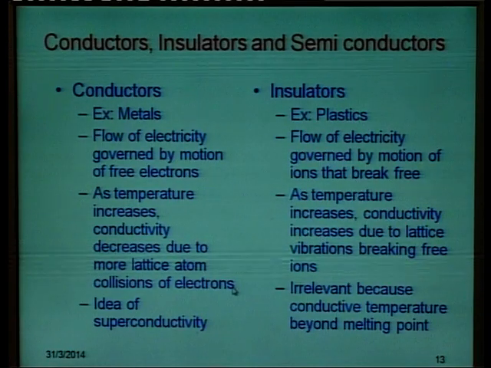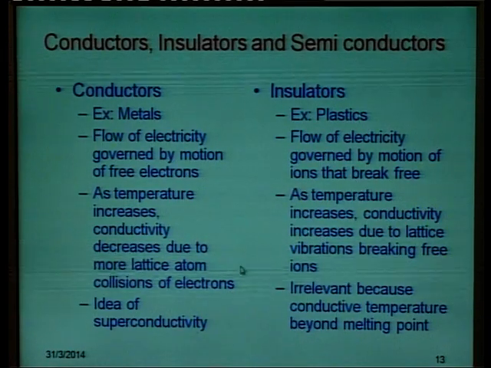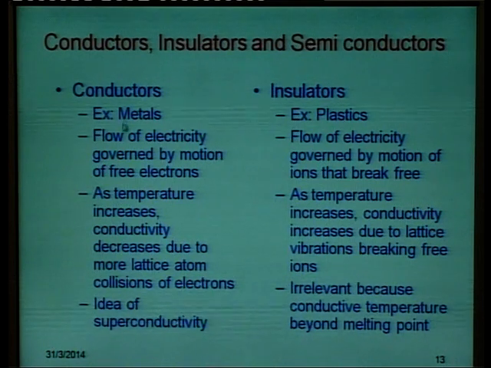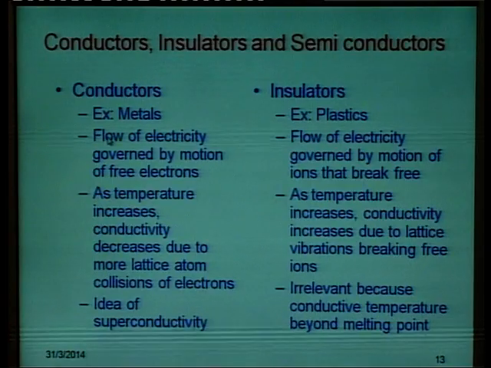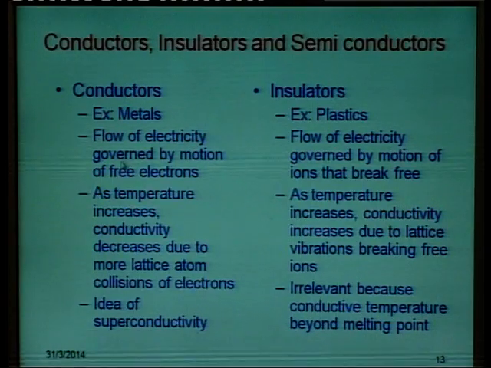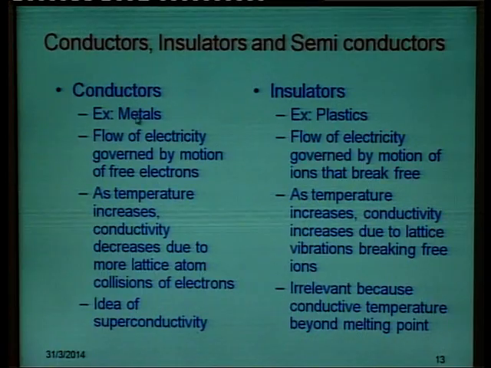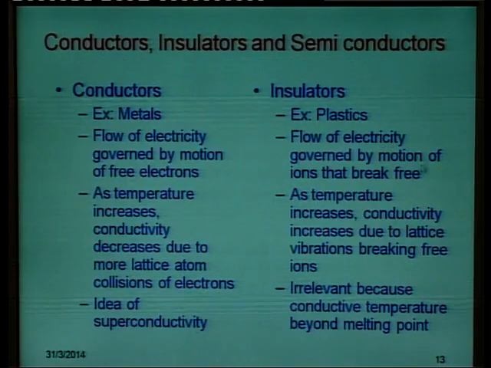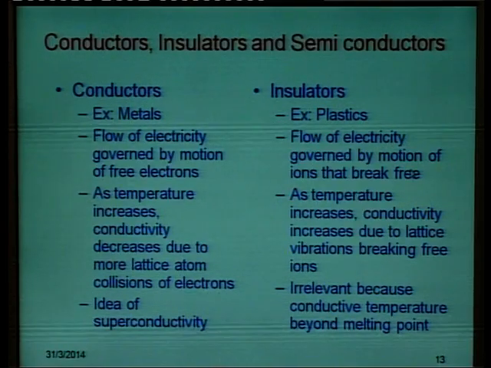Now, let us study something about conductors, insulators and semiconductors first. Conductors are those materials in which the flow of electricity is governed by motion of free electrons, for example metals. In the case of insulators, flow of electricity is governed by motion of ions that break free.